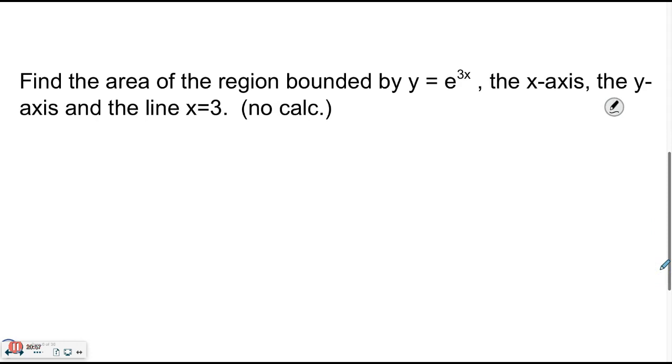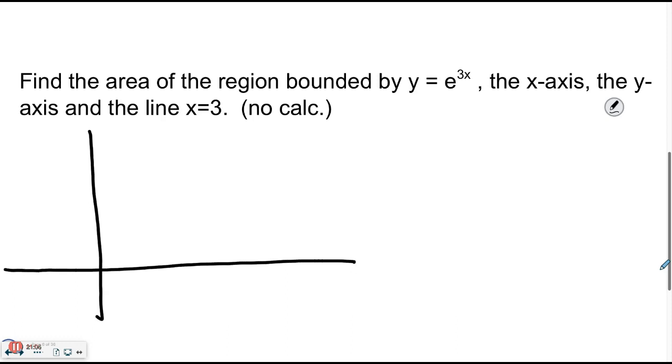So last step, find the area of the region bound by e to the 3x, the x-axis, the y-axis, and the line x equals 3. Well, what does e to the 3x look like? First of all, it's an exponential function. E is like 2.7-ish, so I'm going to write about 2.7-ish to the 3x.